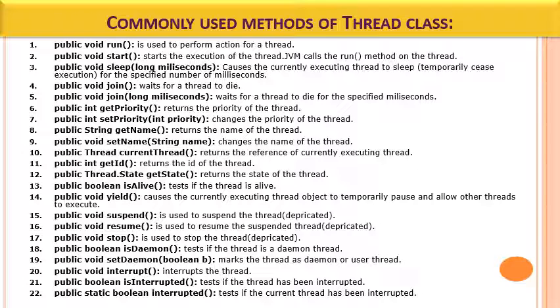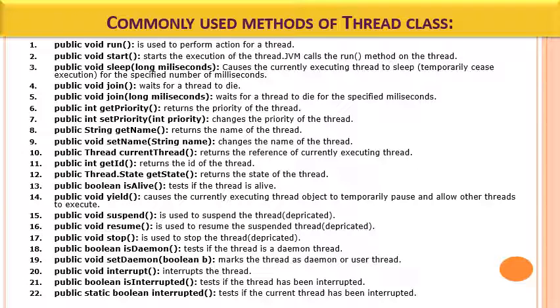Every thread has a life cycle, and every thread is born in the born state as well as in the die or dead state. So join will wait for a thread to die. Then another join, with long milliseconds, will wait for a thread to die for a specified number of milliseconds. So join has two different methods.